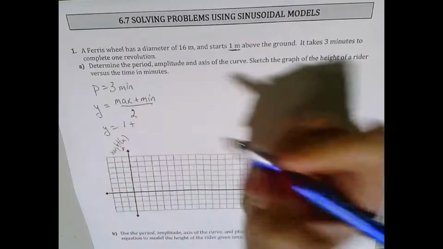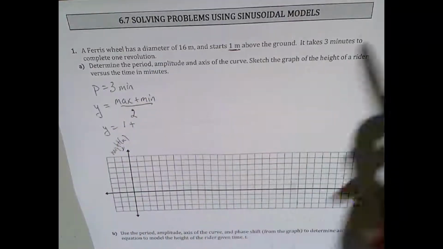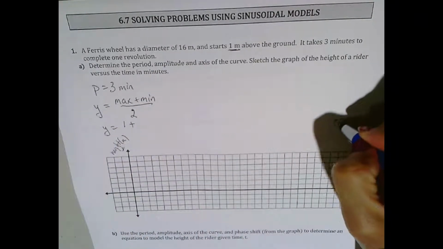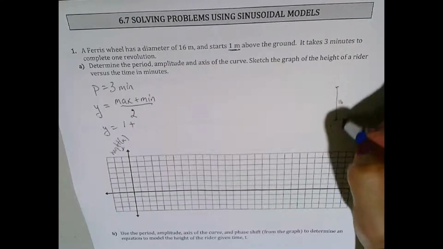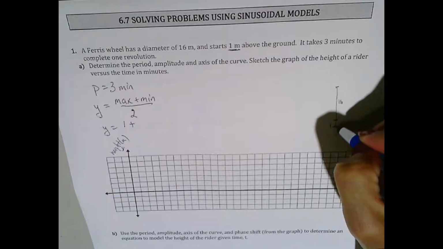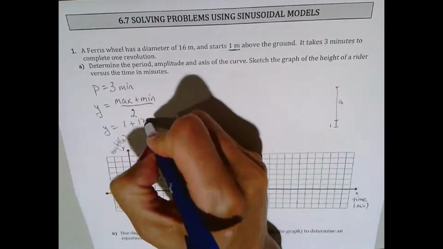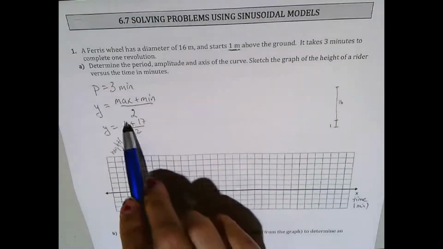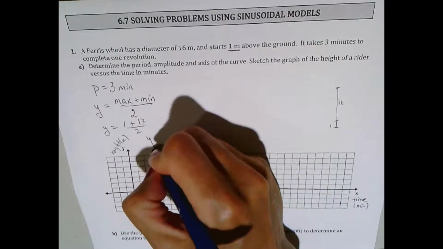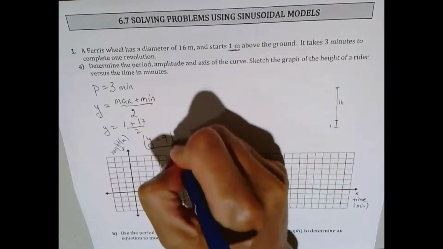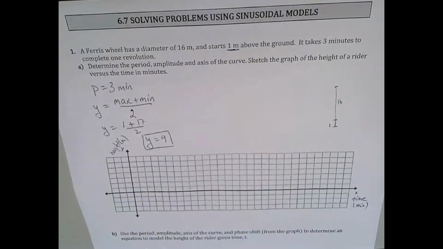So 1 plus, well, the maximum, if the Ferris wheel starts at 1 and has a diameter of 16, that means that 1 plus 16, the maximum will be 17. So 1 plus 17 is 18 over 2. That means y equals 9. So my equation of the axis is y equals 9.